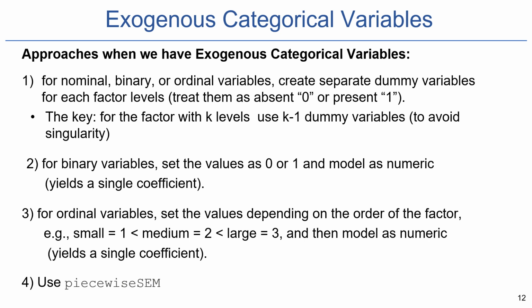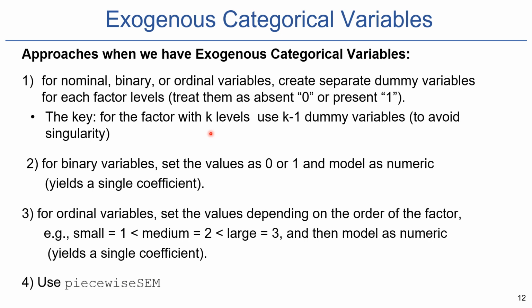The first approach is that we do the same procedure as I have shown you on the previous slide. For nominal, binary, or ordinal categorical variables, we can create separate dummy variables for each factor level and treat these variables as 0 or 1, as absent or present. You remember that these variables become linearly dependent. That's why if we use all of them in the structural equation model, we will have singularity, a high correlation among them.